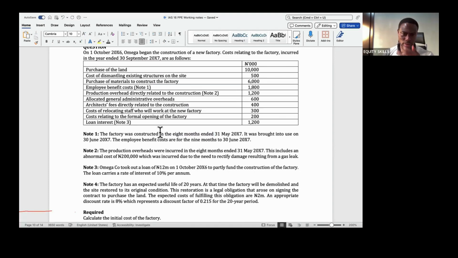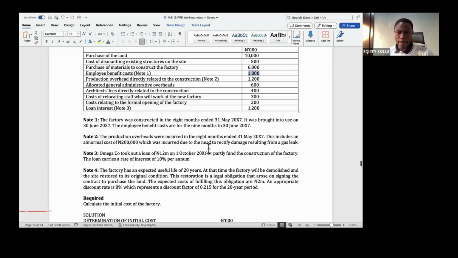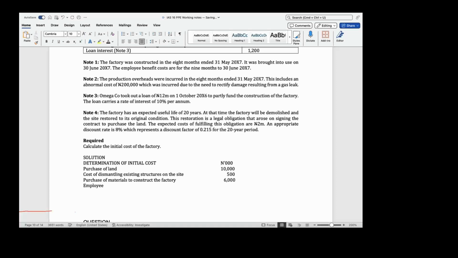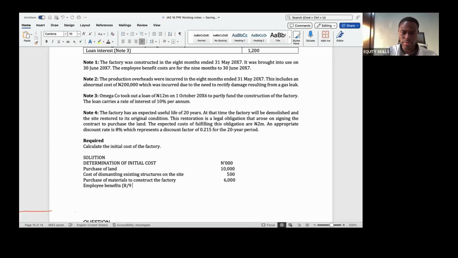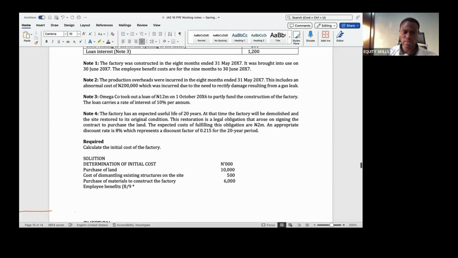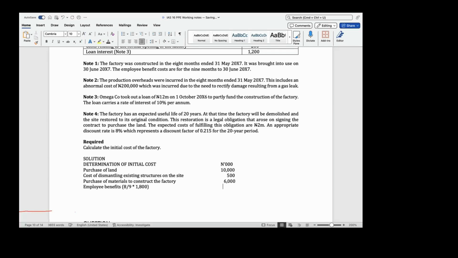Yeah, because the construction took 8 months, and they gave us employee benefit of 9 months. The one we should capitalize is the one that is directly attributable to the construction, which is the 8 months period. So employee benefits: that's 8/9 multiplied by what? 1/8. So how much does that give us? 1,600.